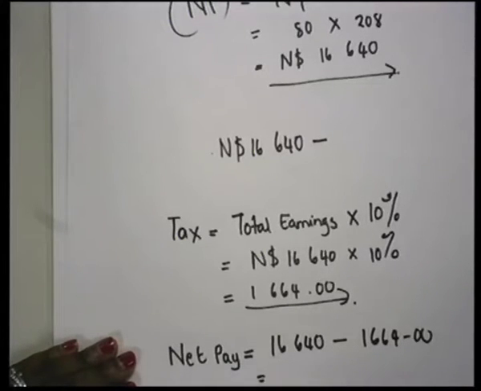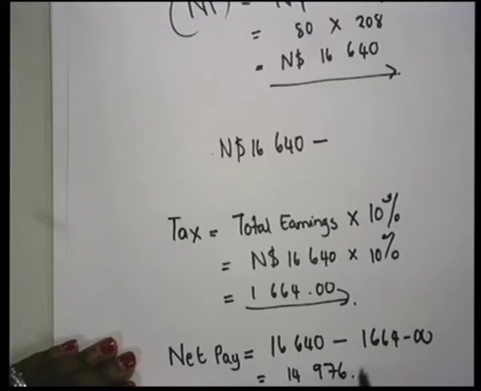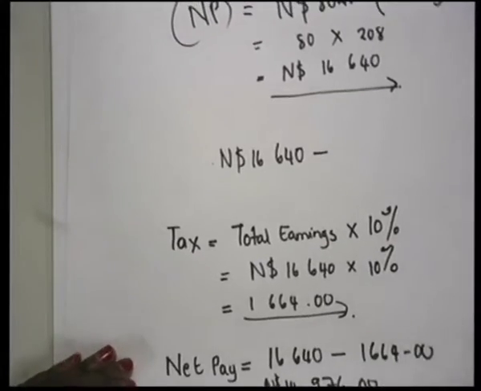Therefore, his net pay is equal to 14,976 Namibian dollars. Kindly note that it is very important that whenever you are given a questionnaire that you understand it, that you read it thoroughly with understanding, and that you write down key points if it is necessary.